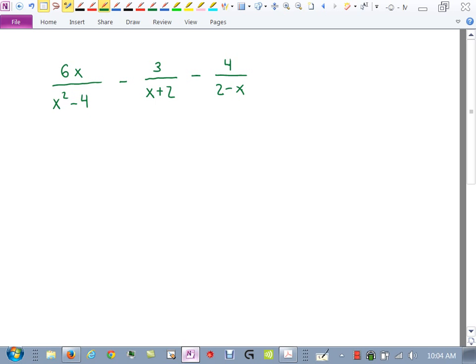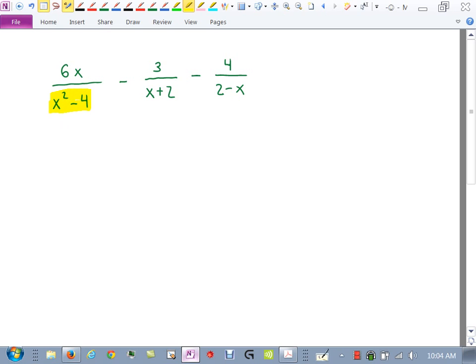All right, let's put these three fractions together. Three fractions, right? We have subtraction between them, so we have to have a common denominator. So if we're going to have a common denominator, let's make sure that we have factored all the denominators, so that way we can see what's in common.